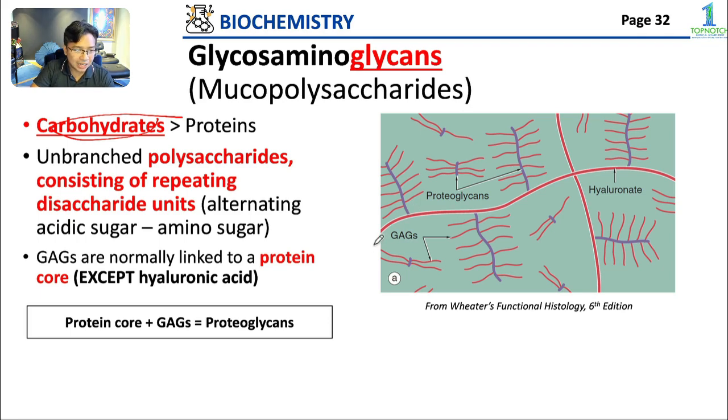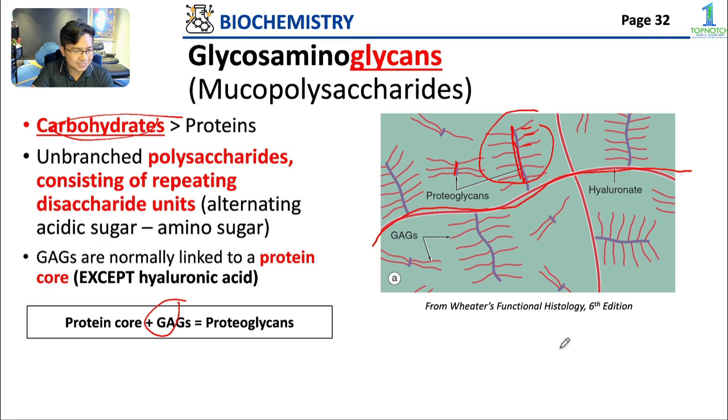So, you only have your very, very big hyaluronic acid. And take note that these are not linked to a protein core. Pero kapag ang GAG ay nakalink sa isang protein core, as you can see here, ang tawag sa kanya as a whole ay proteoglycan. Okay? So those are the terminologies. Protein core, the one at the center, plus the GAGs, form your proteoglycan.